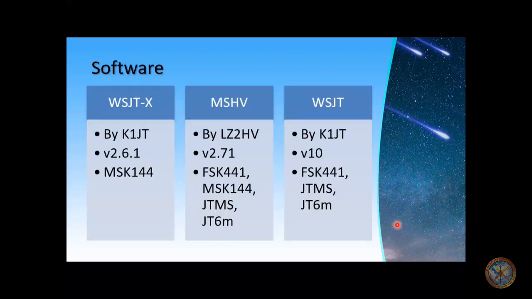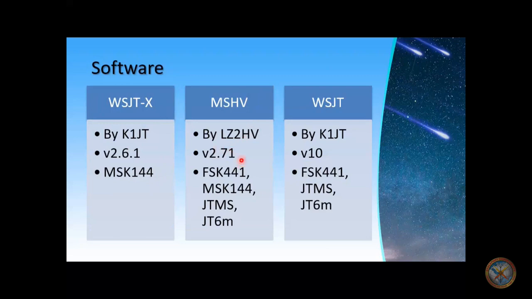Then back again to software, we sort of mentioned it. WSJT-X, which is the current by K1JT, version 2.6.1, and that has MSK144 as the meteor scatter mode. Then the program I use mostly for MS is MSHV by LZ2HV.